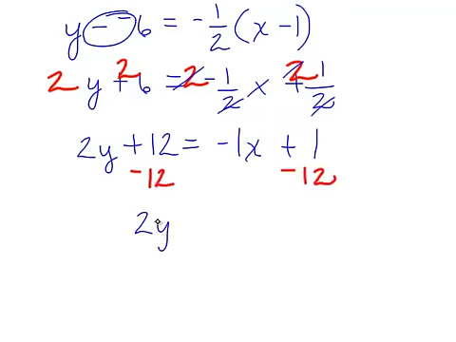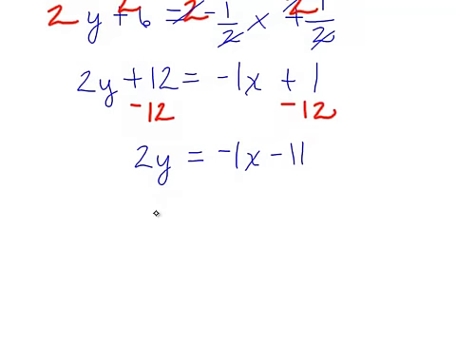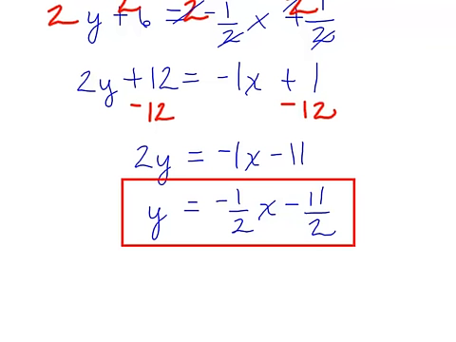So I will have 2y equals -1x and positive 1 and a negative 12 will be a negative 11. Divide everything by 2, y will equal -1/2 x - 11/2.